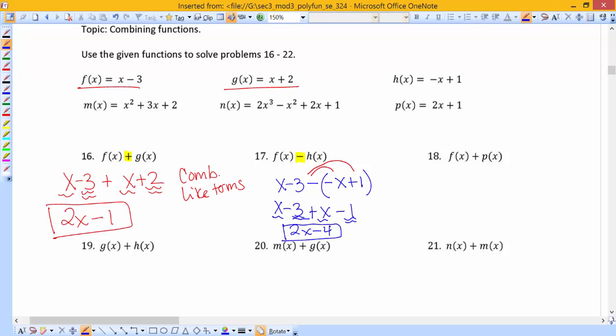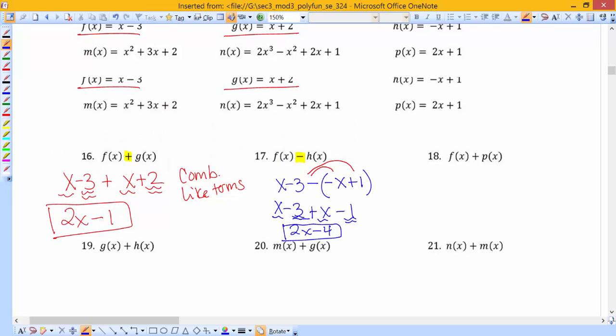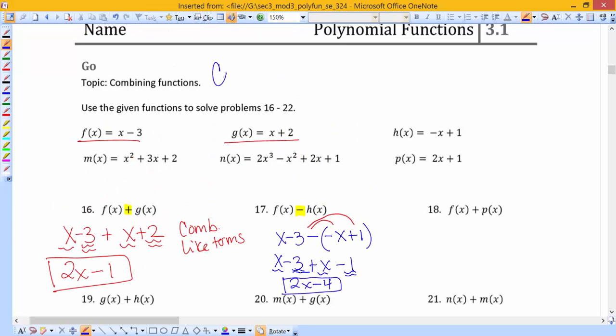The rest are very similar, you guys. Again, you can only combine like terms. Let me make a note up here. Now, what is a like term? So let's define a like term. Here's the definition for those of you who don't remember what a like term is.